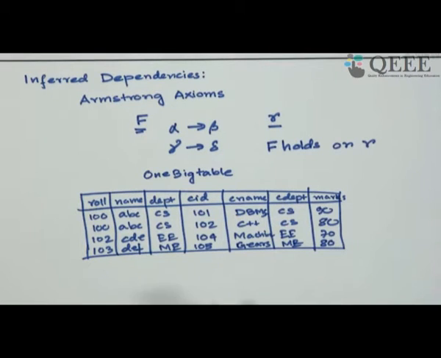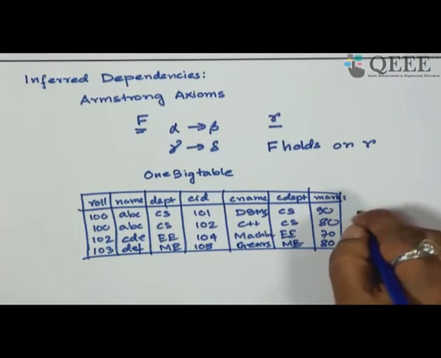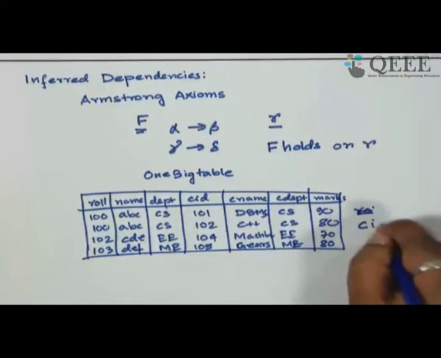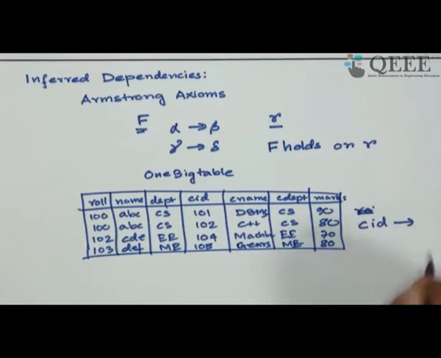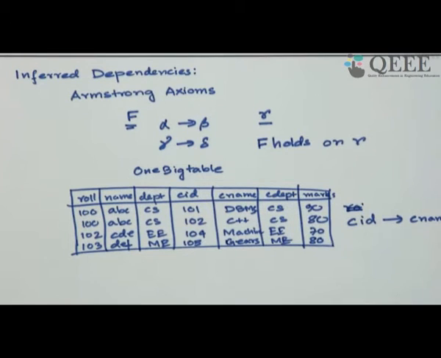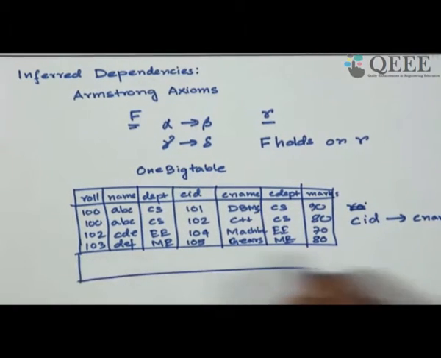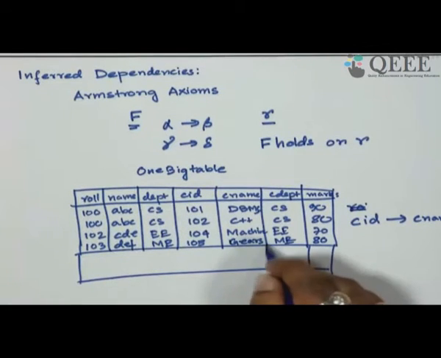And now I have the functional dependency that, say, course ID determines course name. If the course ID is the same, the course name has to be the same.